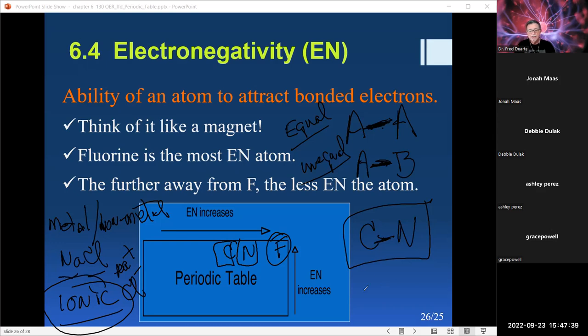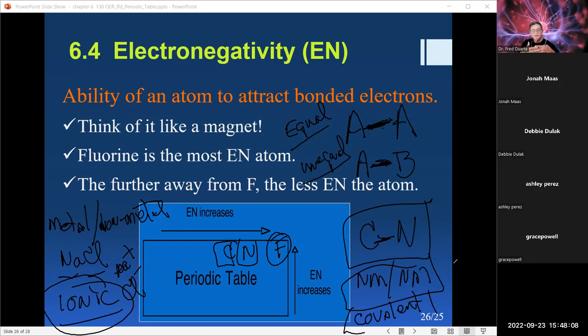When we have a non-metal combined with a non-metal, like this carbon-nitrogen example, we end up with what we call a covalent bond or covalent compound. In that scenario, there's actual sharing of electrons between two of these atoms.